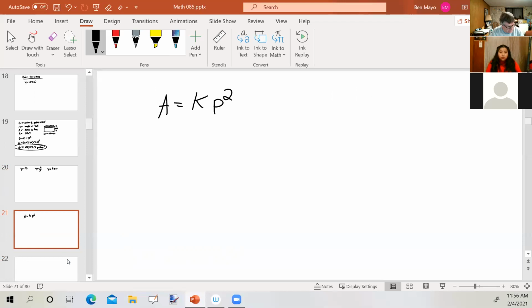All right. T varies directly as S. Z varies inversely as the cube of T. All right.